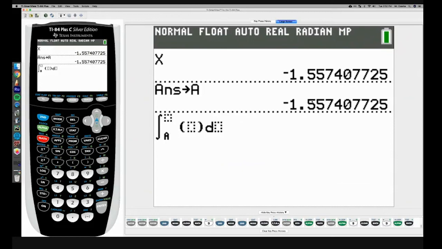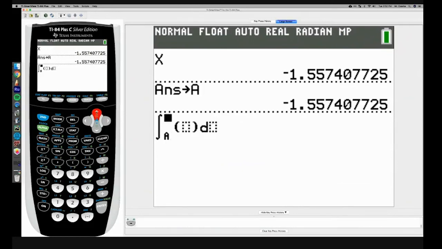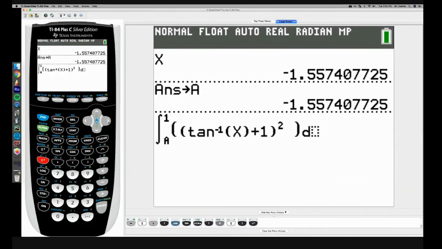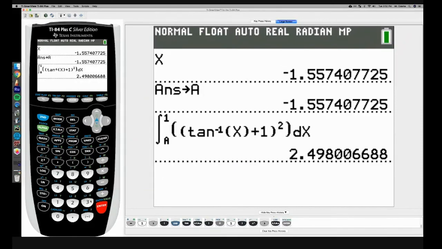If you don't put A there, you can just write that whole number down. I'm just being lazy. It's not lazy, it's smart, really. Okay, arctan of x +1, and that's quantity squared, dx, 2 point something. There you go, 2.498.